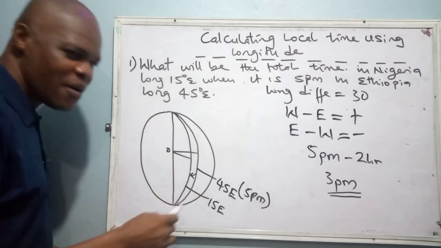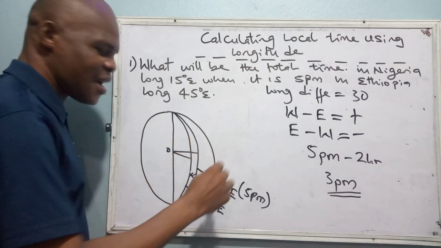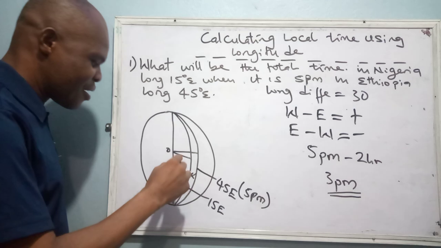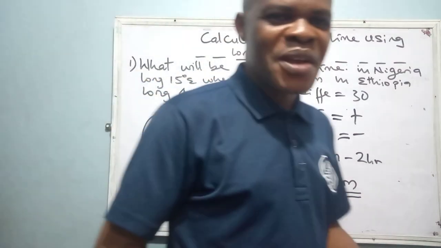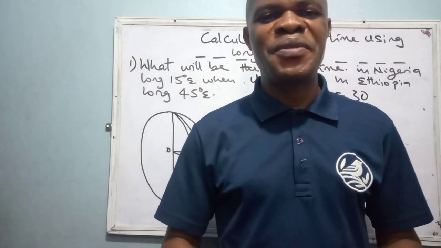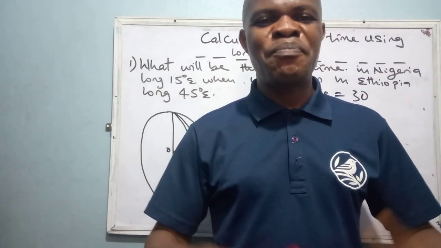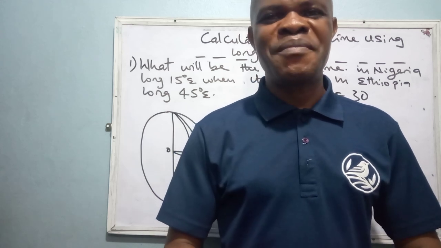And any time that is after the Greenwich meridian is what we call post-meridian time. So AM means anti-meridian, before the Greenwich meridian, while PM means post-meridian, after the time of the Greenwich meridian.